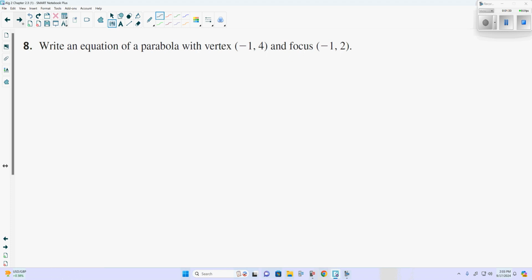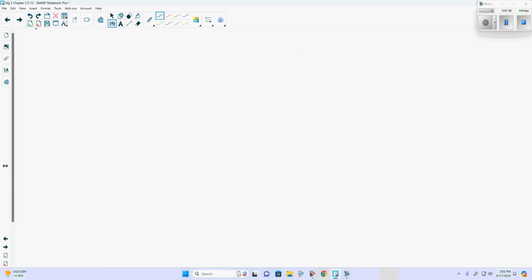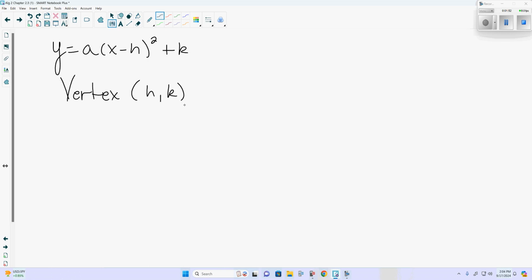So, here, this is the first one we're looking at. Now, our general equations, we had either y equals a times x minus h squared plus k. Now, the vertex is the point h comma k.